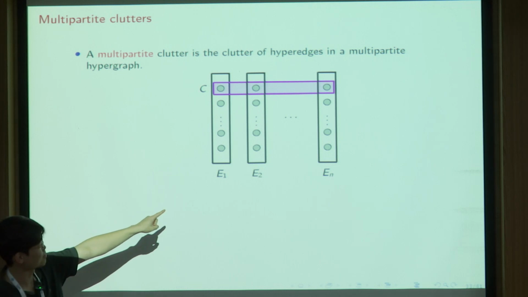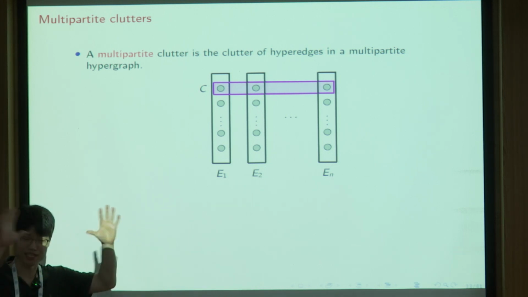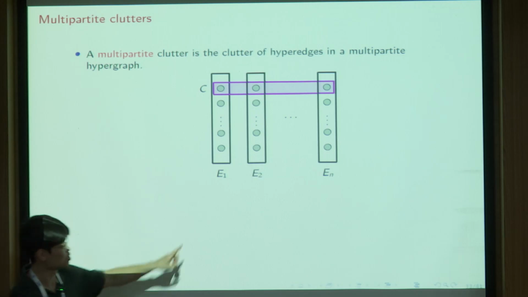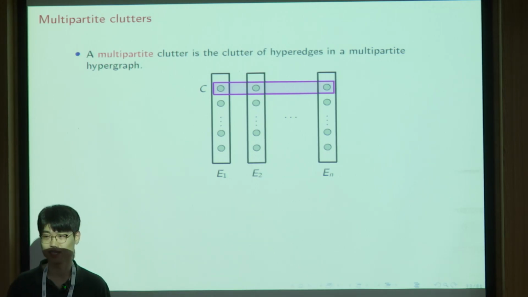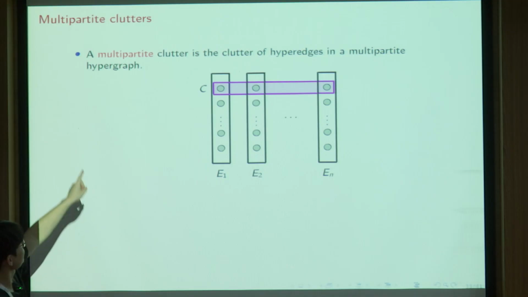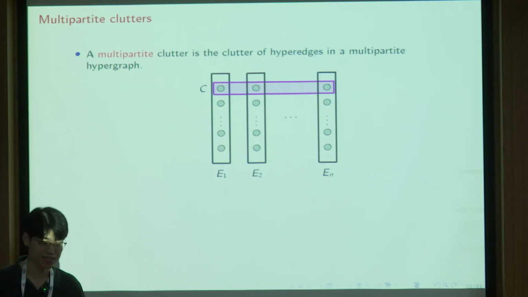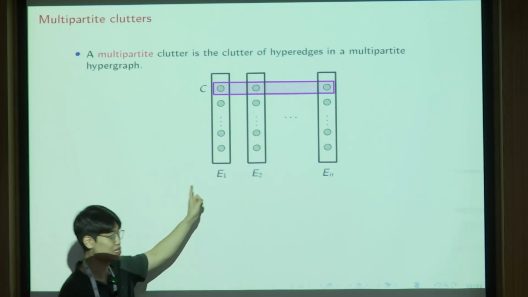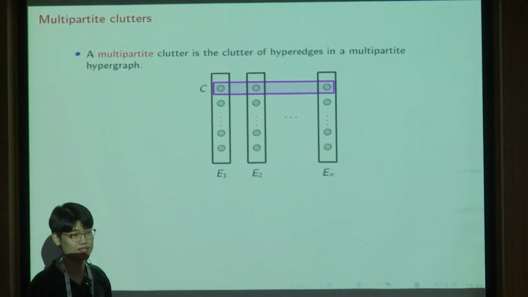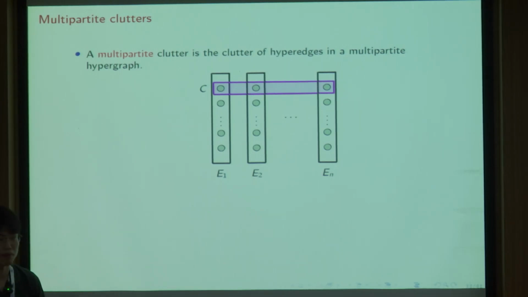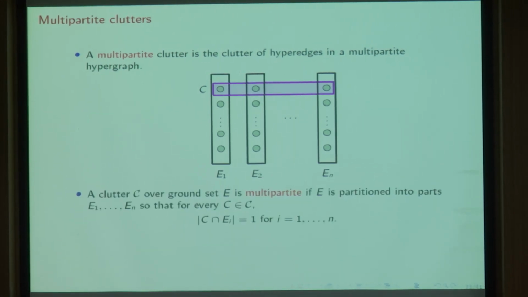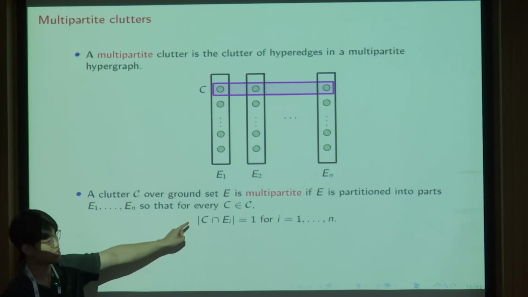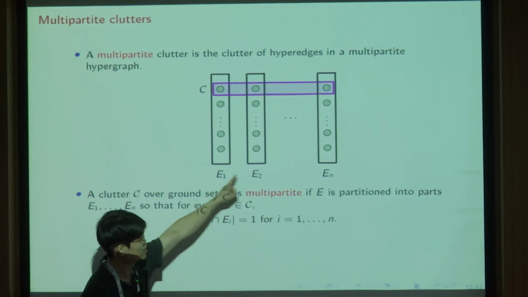So we have this element set. The element set E is decomposed into n disjoint subsets, and my clutter is called multipartite if every member contains precisely one element from each of these n subsets. It's an extension of the bipartite graph. So every member in my family intersects each of these subsets.